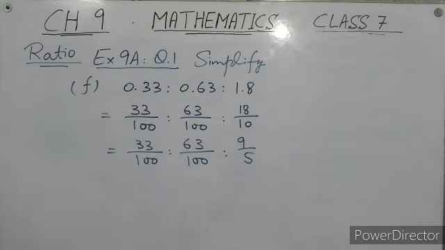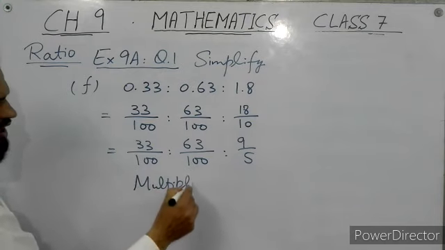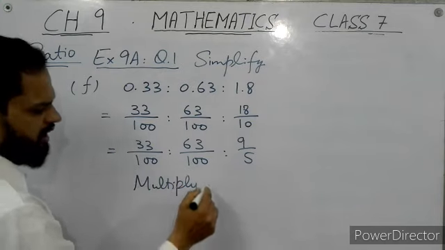Now we will remove fractions. We will multiply with the LCM of denominators, which is 100. Multiply by 100.